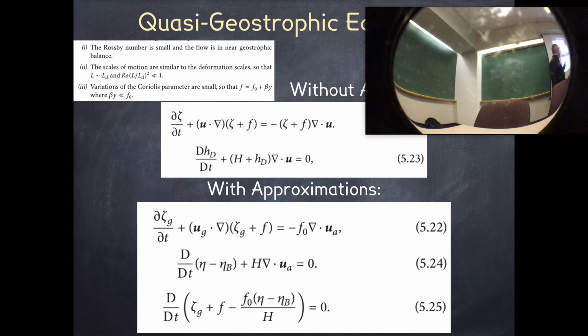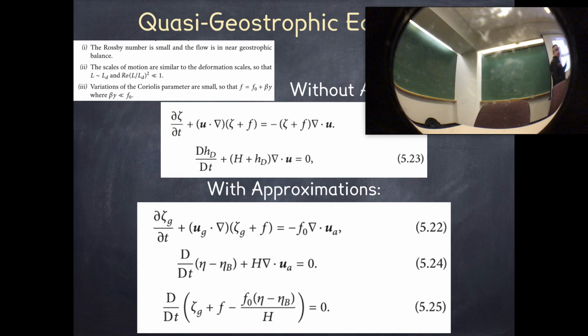This one is zeta G, because that's the dominant one. This one is zeta G too. This one is UA, because that's the only one that diverges. And this product is small, so we don't need it. This one has become UA, because UA is the only one that survives.